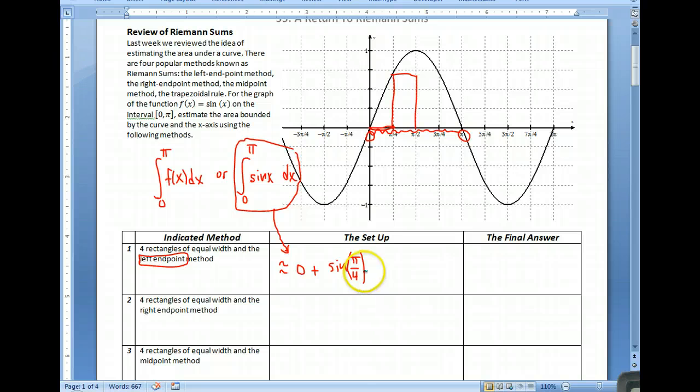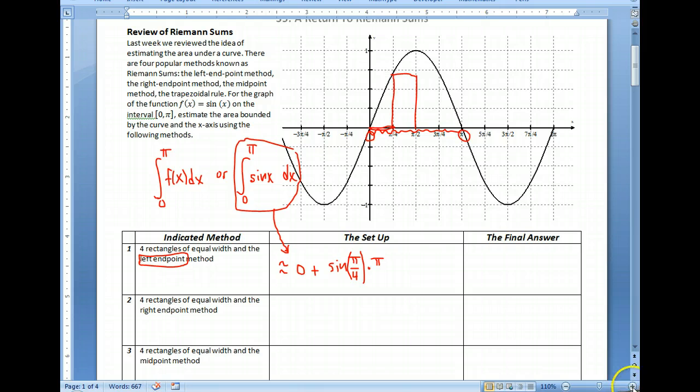So sine of pi over 4, do I have to multiply by the base? No, because it's 1. Are you sure the base is 1? What is the base? So I do have to multiply by pi over... Here, let me zoom in.